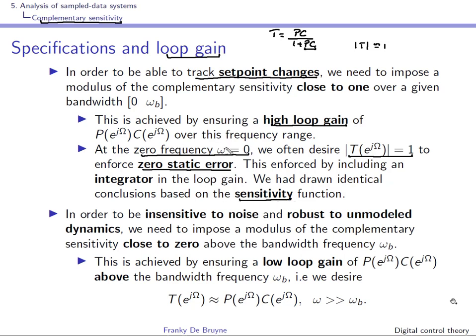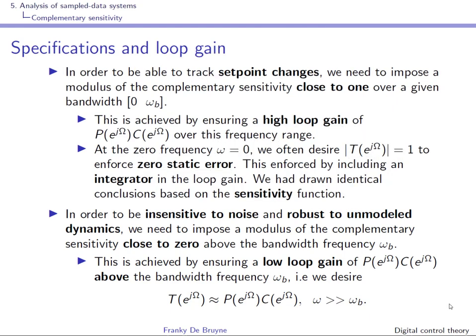At the zero frequency, we had imposed a sensitivity that had to be 0. Here, the analog frequency is considered, but this is the same as considering a discrete frequency at 0, and this corresponds to z equal to 1. So this is equivalent to imposing that T evaluated at z equal to 1 in modulus is equal to 1. So we can draw the same conclusion using the final value theorem.